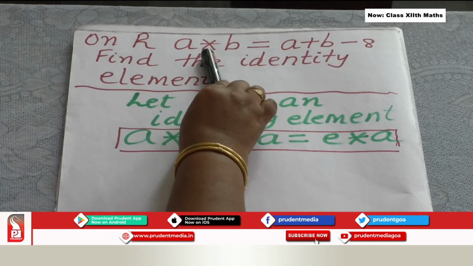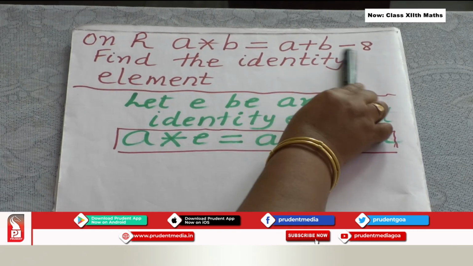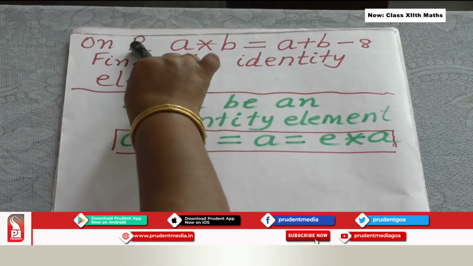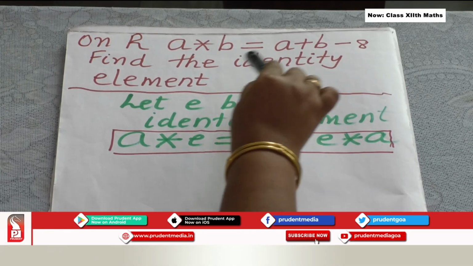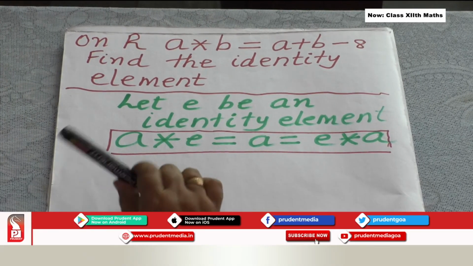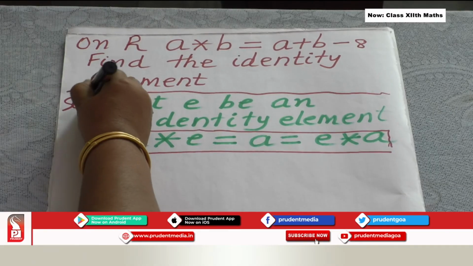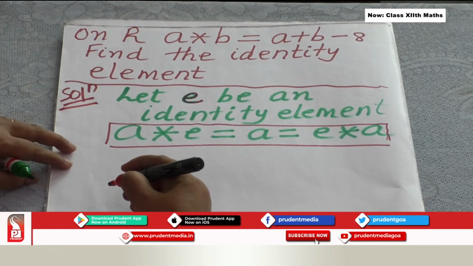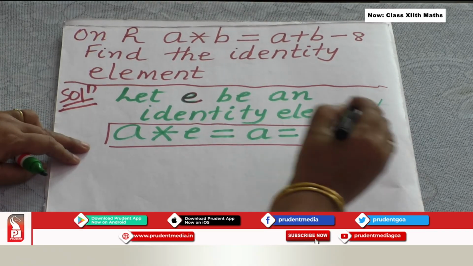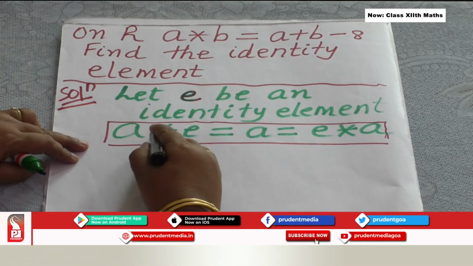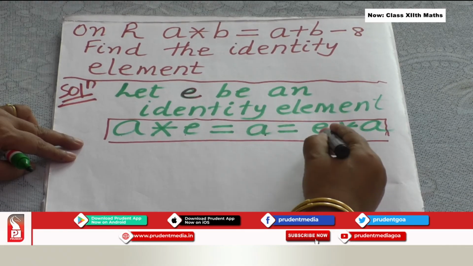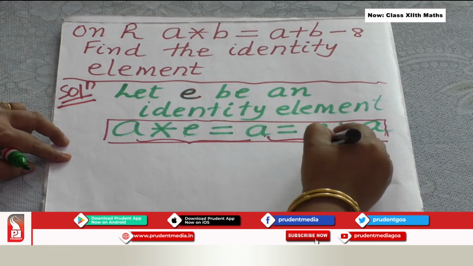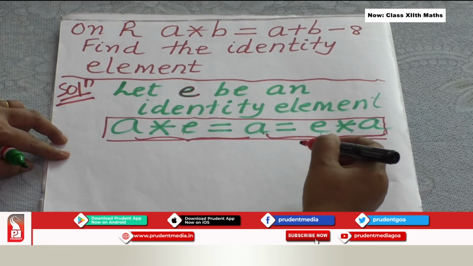On real numbers, A star B is defined as A plus B minus 8. Find the identity element. On real numbers, the operation is defined like this, and you have to find the identity element. So the solution for this is: let E be the identity element. Whenever it is the identity element, you have to write A star E is equal to A equals E star A. Now the answer on both sides should be the same, then only the identity element will exist.